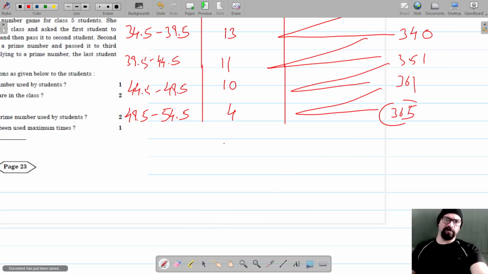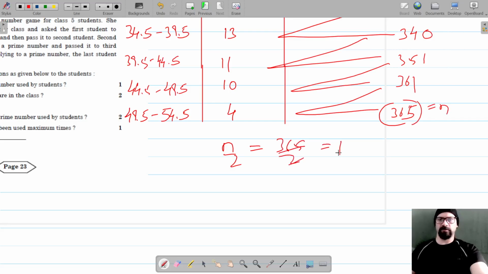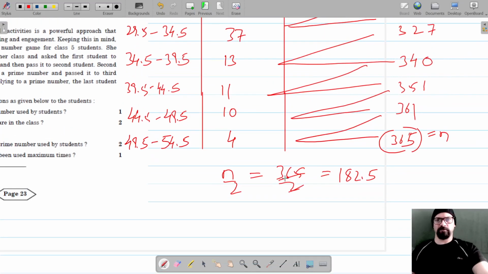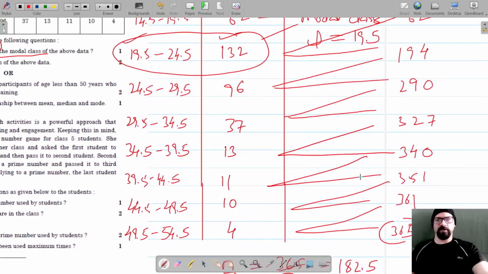Let's calculate half of this, n by 2. So n by 2 is 365 by 2, which is 182.5.